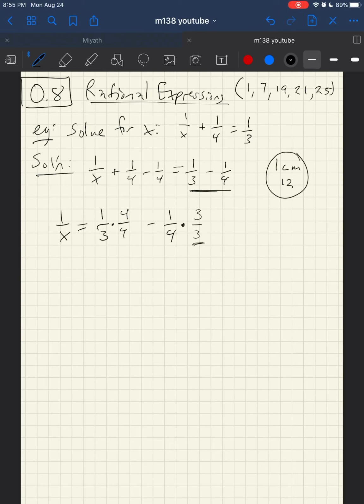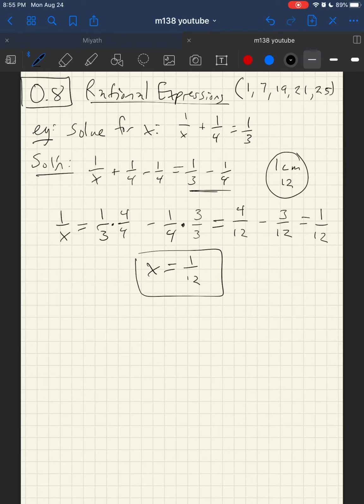So I'm not actually changing the value of the right-hand side. I'm just changing how it looks. When I carry out these multiplications, I'm going to get 4 over 12 minus 3 over 12, and that difference is 1/12. So my final answer is x equals 1 over 12.